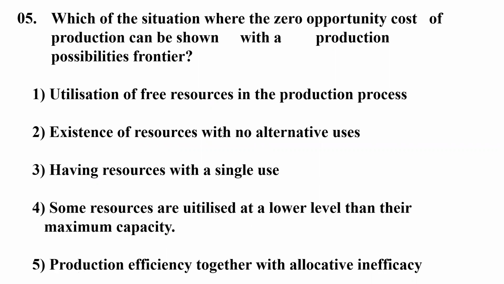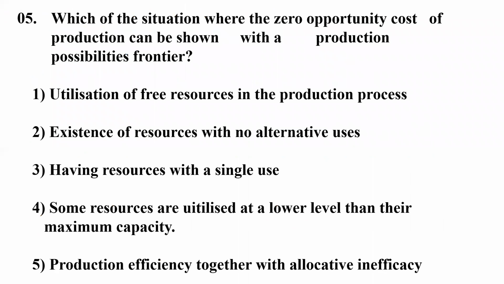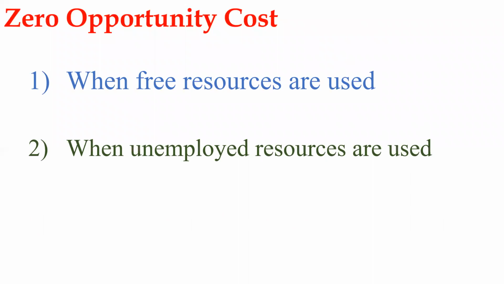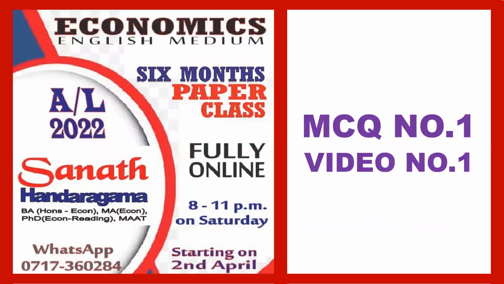That is underemployment. Right. Now you can understand, when I was explaining these 5 MCQs, first 5 MCQs, my first MCQ paper, what I sent to you, you can see how to identify the correct theory behind each and every MCQ.